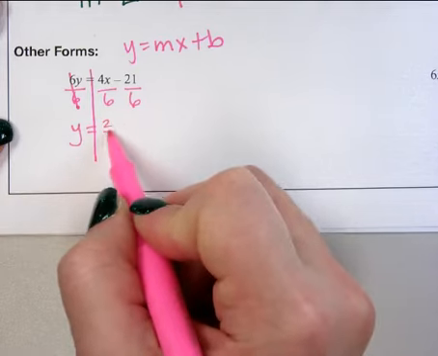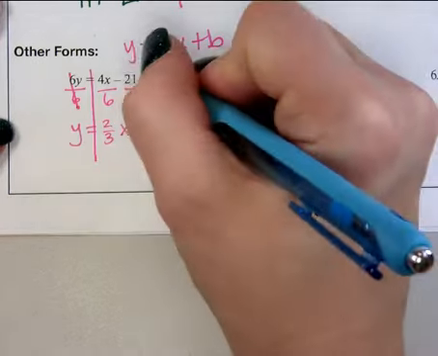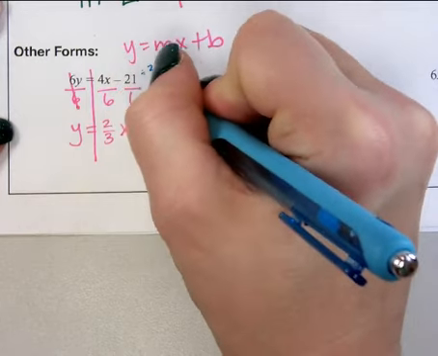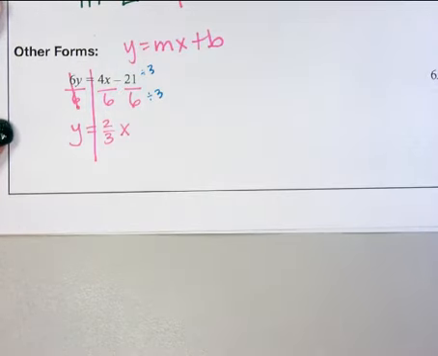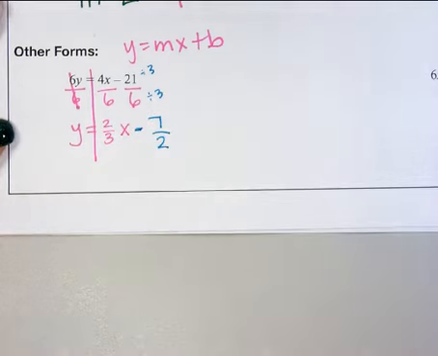So 2/3 x. Negative 21 over 6 will not give me a whole number, but it should reduce. I should be able to divide by 3, right? So I would have negative 7 over 2, because 6 divided by 3 is 2.